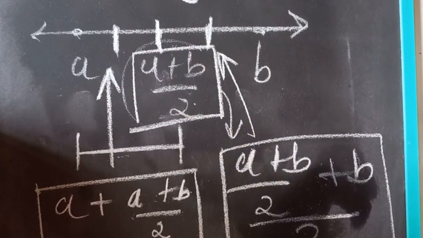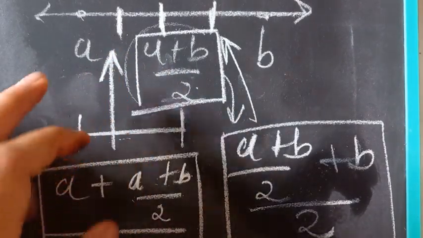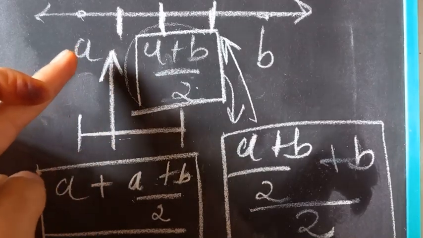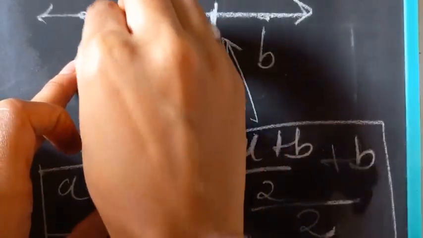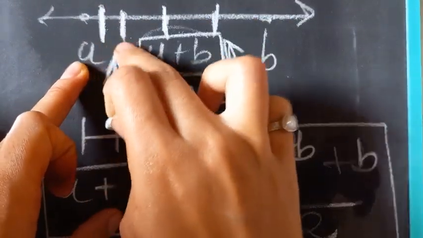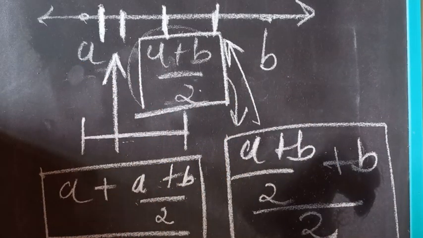In this method we can find many rational numbers. After getting these, we take the mean of this and this, and we find a rational number between them. By this method we will solve question number 4 in exercise 1.2, finding 10 rational numbers. I don't remember the number, but the method is the same.